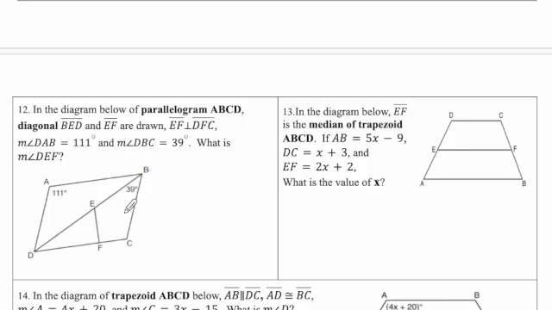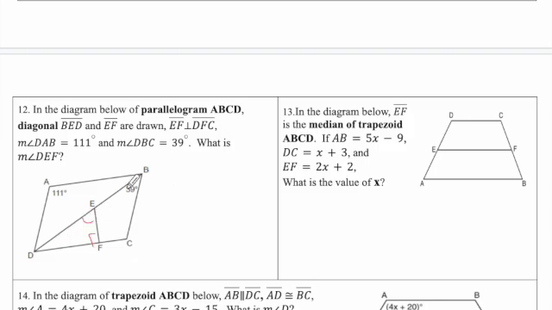EF is perpendicular to DFC, so this is perpendicular. Angle DAB is 111, and the measure of angle DBC is 39. What is the measure of DEF?